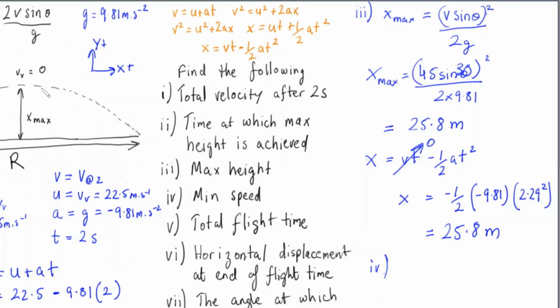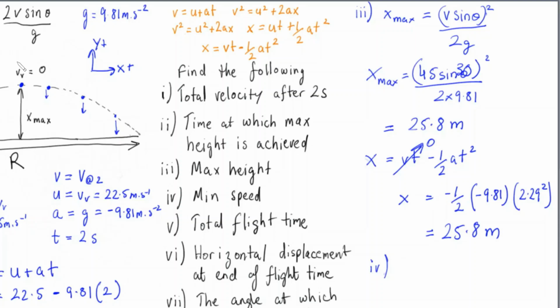So again, if we were to look at this point, we'd have a little bit of a velocity vector vertically, at this point we'd have a greater velocity vector, and at this point we'd have a greater velocity vector. And that's all due to the acceleration caused by gravity. So our minimum speed will be experienced here. Our vertical velocity will be 0.